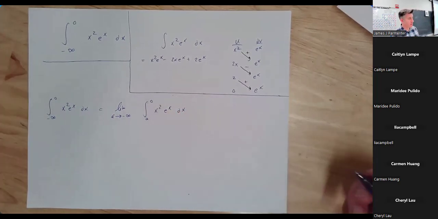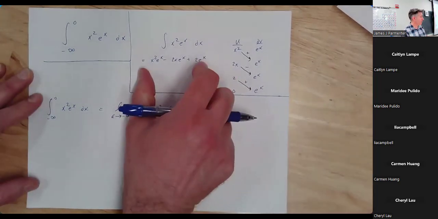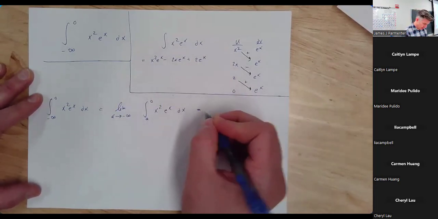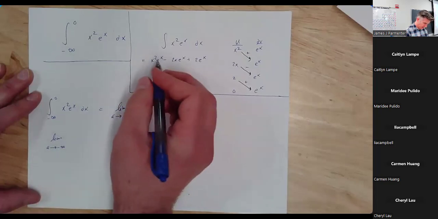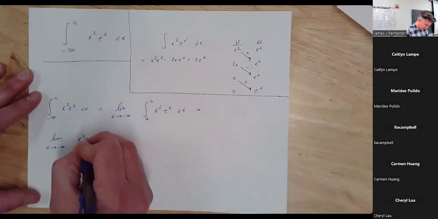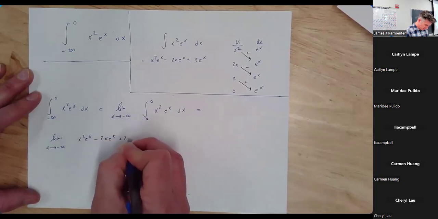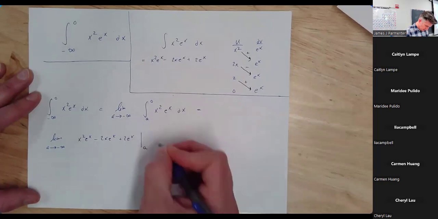And then I'm super happy because the next step, I can just rewrite it as the limit as a goes to negative infinity of my antiderivative evaluated from a to 0. That's going to be the limit as a goes to negative infinity of x squared e to the x minus 2x e to the x plus 2 e to the x evaluated from a to 0.